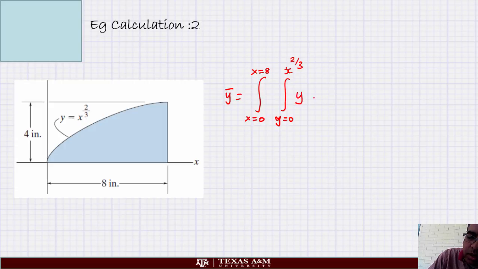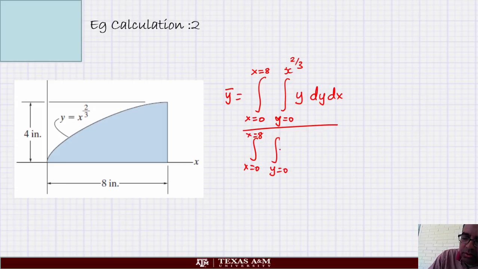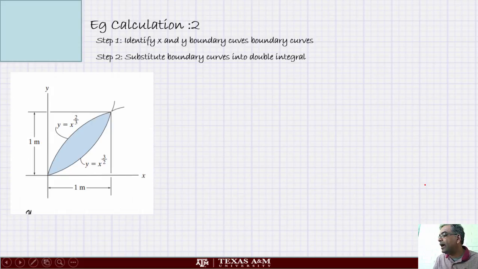This time I'm going to do y dy dx, divided by the integral x equal to 0 to x equal to 8, integral y equal to 0 to x to the 2/3, dy dx. You can compute this, and if you do that you will get 10 over 7.